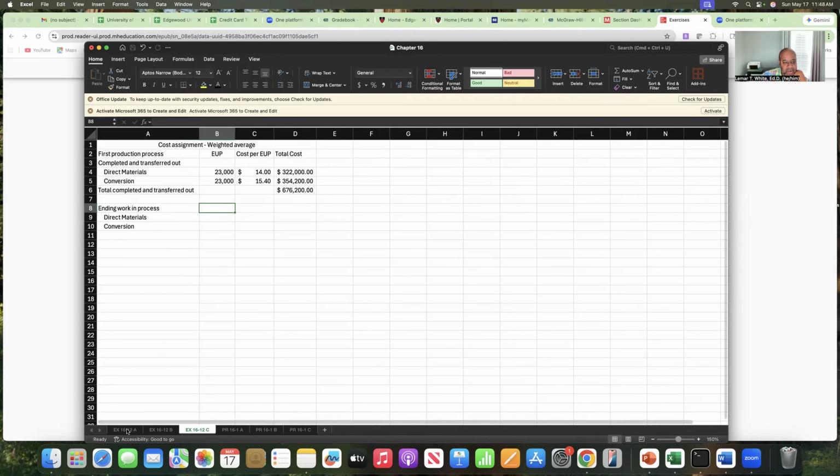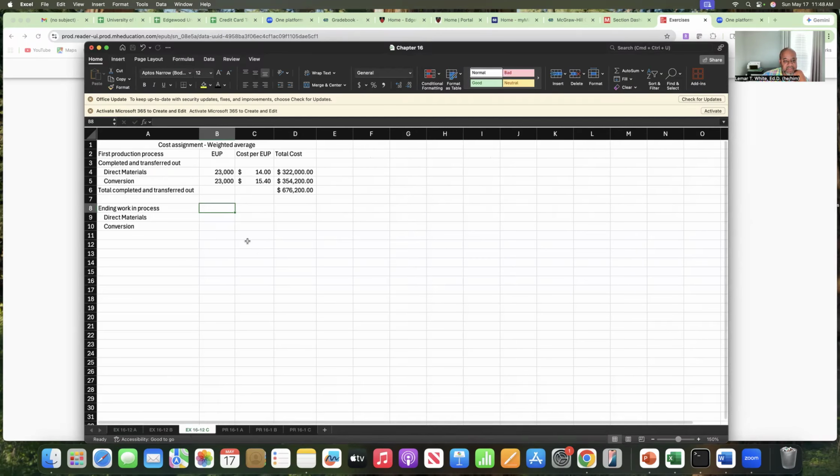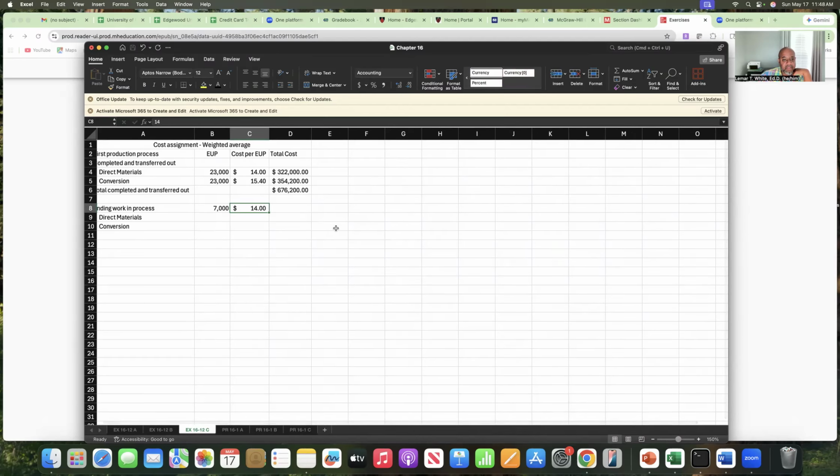I'm going to go back to part A. My ending work in process for direct materials, the equivalent units of production were 7,000. So I'm going to put 7,000 here. I know my cost per unit is $14. And I'm going to multiply those two numbers. So this multiplied by this. All right. And I should get $98,000.